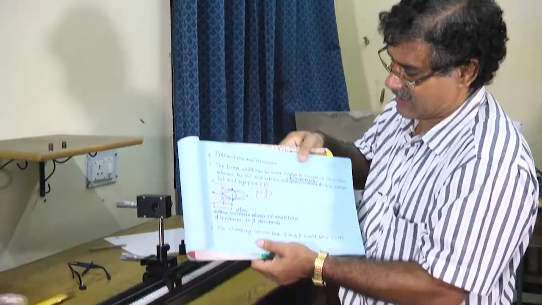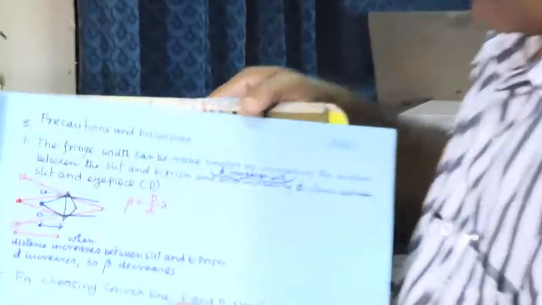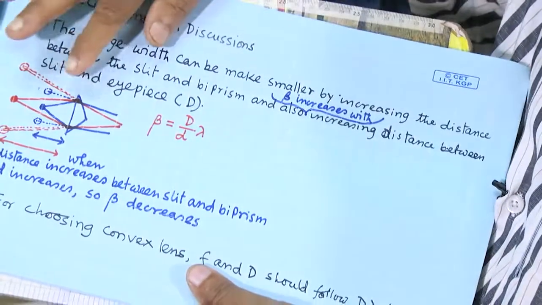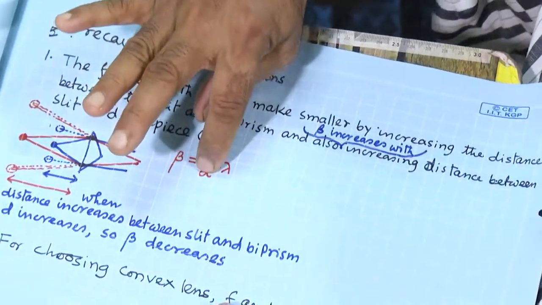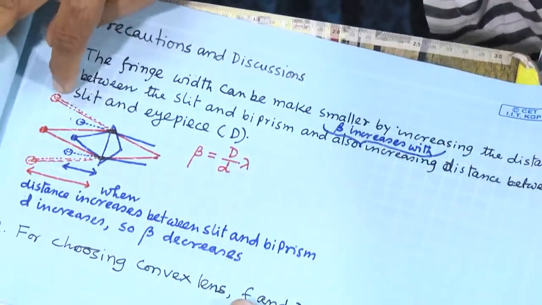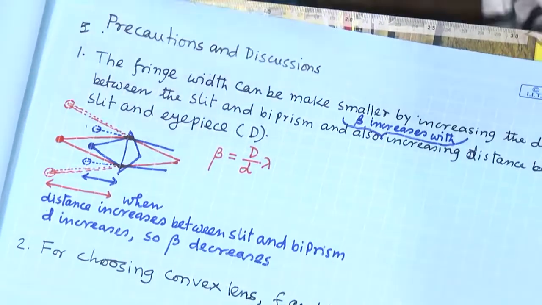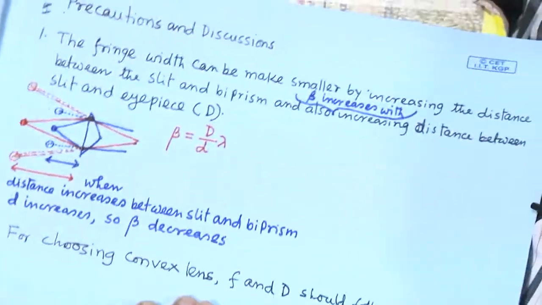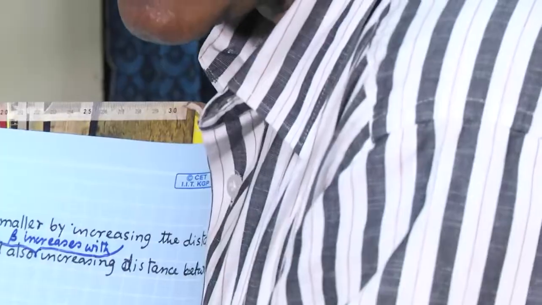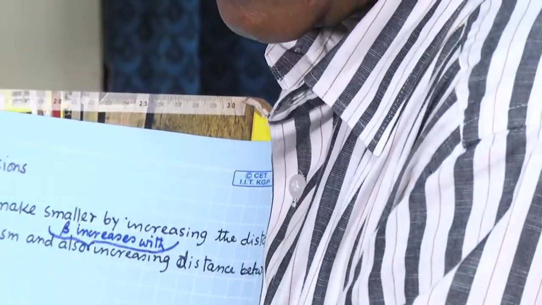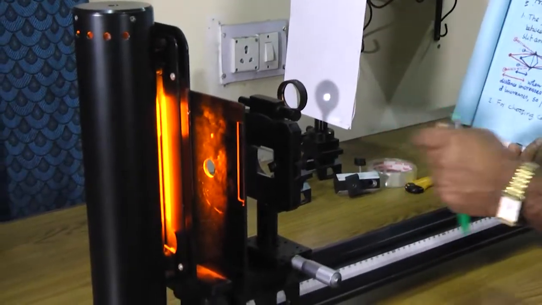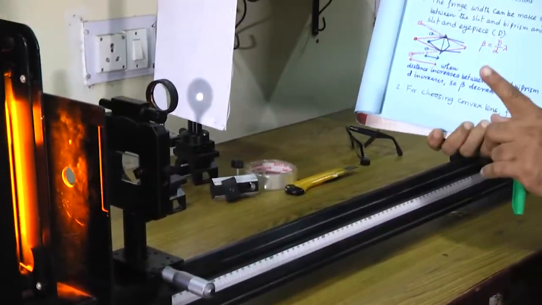You see this d, as I told, this d, source distance. It depends, which is why we should not disturb the position between the slit and the bi-prism. Once we fixed and measured the small d, we should not disturb it.